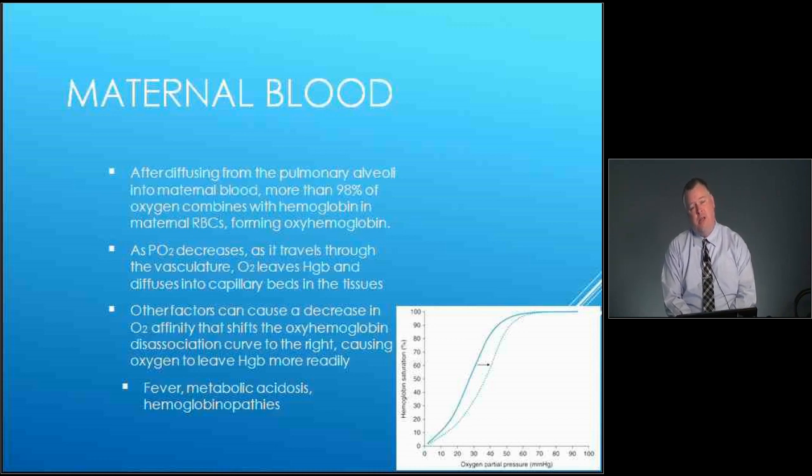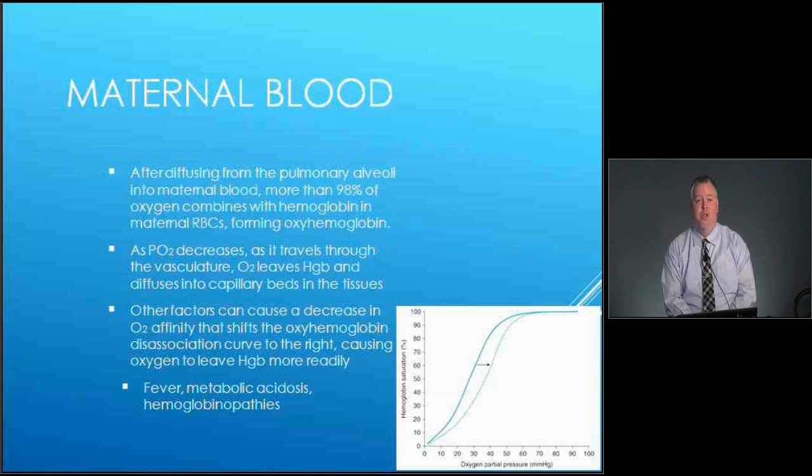But if something causes a shift in that curve, a shift to the right, as you see in that picture in that dotted line, that's going to alter the ability of the oxygen to remain saturated at lower pressures. So now if we look at that same 40 millimeters of mercury in that PO2, we're down to about 60% saturation. And so it's going to greatly affect that.